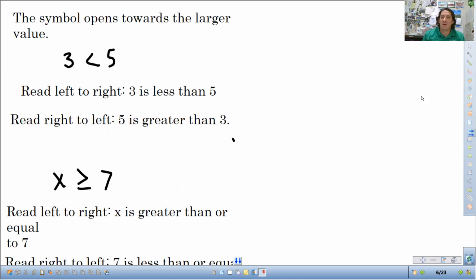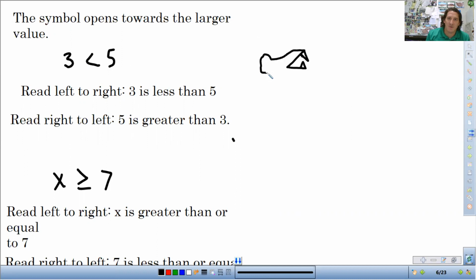When you're younger, in the earlier grades, they might teach you that it's like a Pac-Man eating the larger number, or they might say it's like an alligator, so they'll draw the symbol with some alligator teeth. I can't draw very well, but whatever works for you, I don't care, as long as you understand that it opens up towards the larger value.